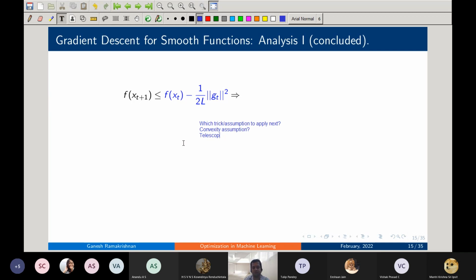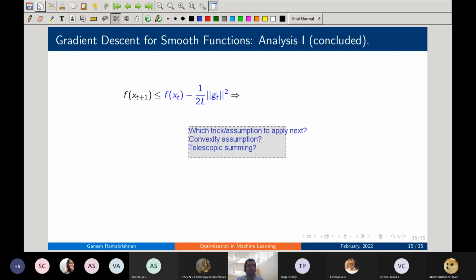Telescopic summing is tempting at this point. If you do telescopic summing, what will happen? Would we have some cancellations? You can also go for some squared expansion, but nothing seems to work here.